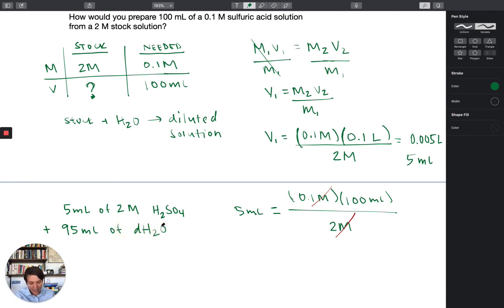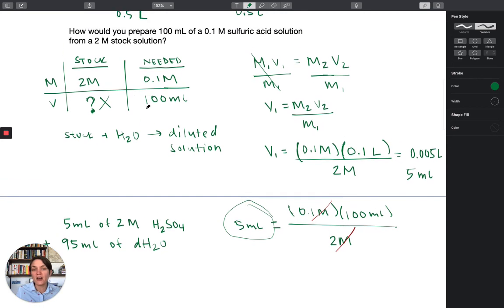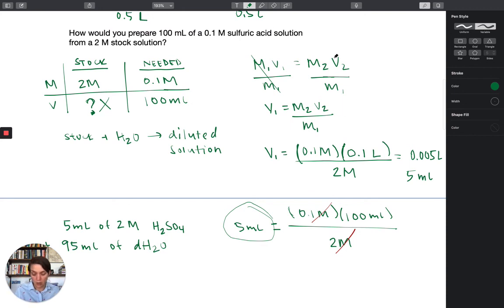So it is not enough in these problems to just say, oh, it's 5 milliliters. No, you need to know what that means. That's 5 milliliters of my stock, that was the X that I was solving for. To that, I need to add water because the whole function of this equation is to perform a dilution, to get that solution that you need.